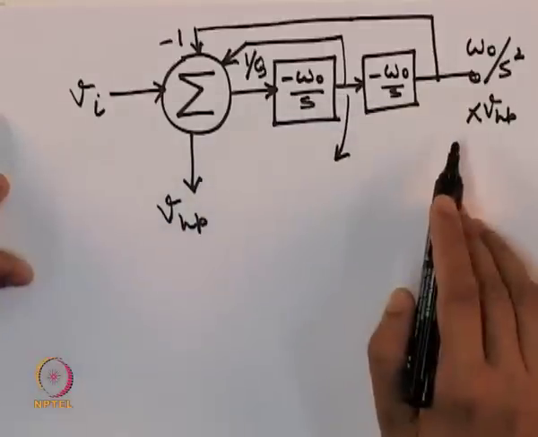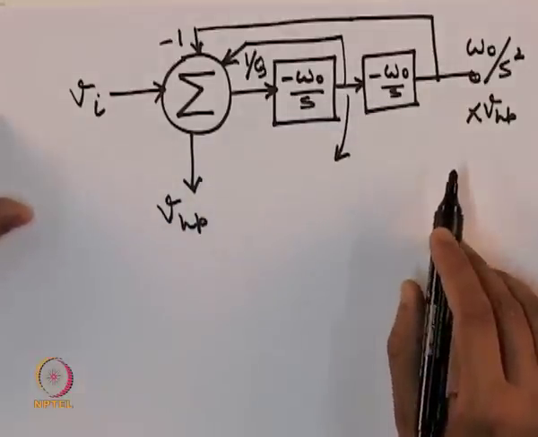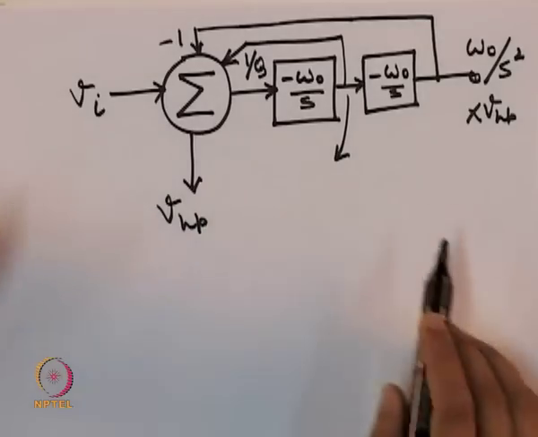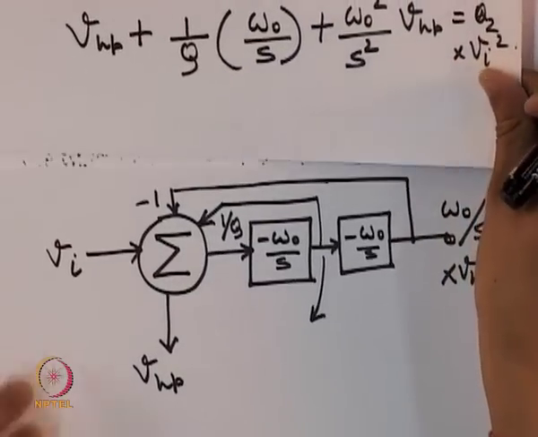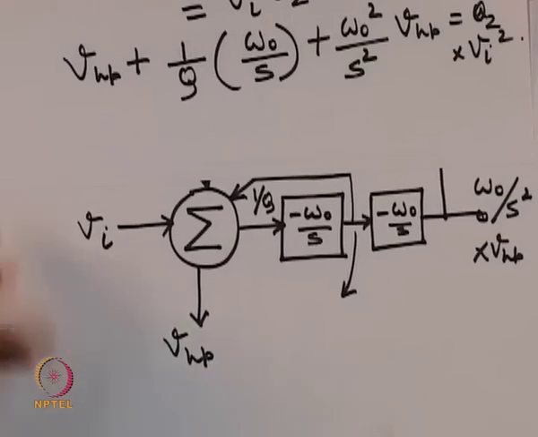So, this block diagram gives me the total picture of this equation. Look here, see what I have is this VHP.